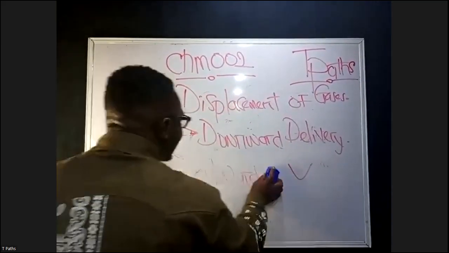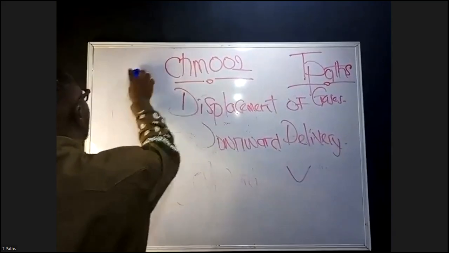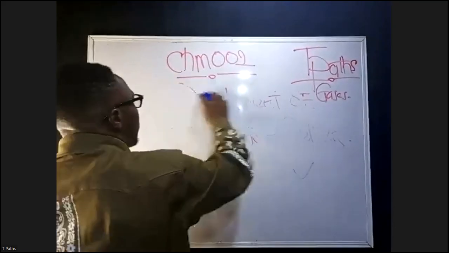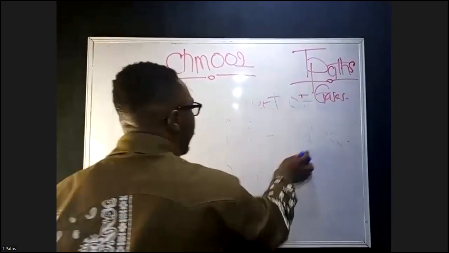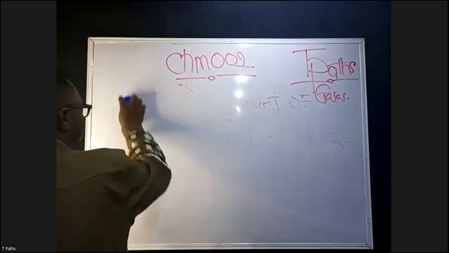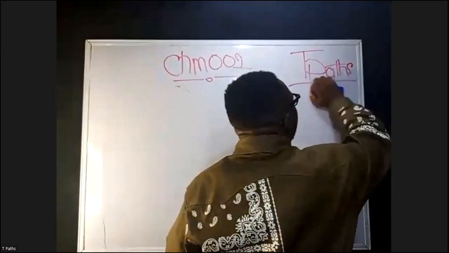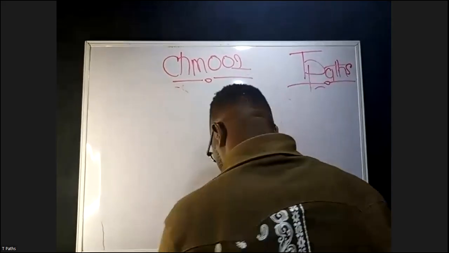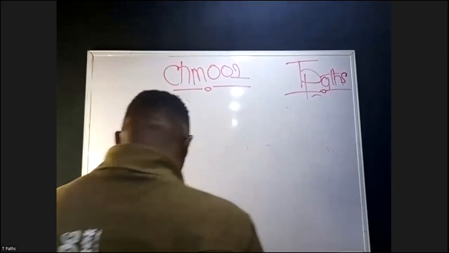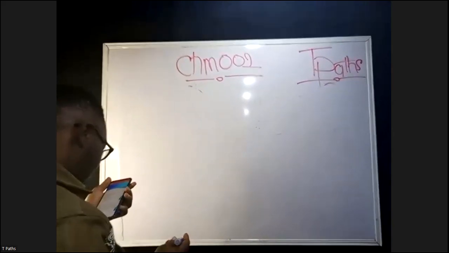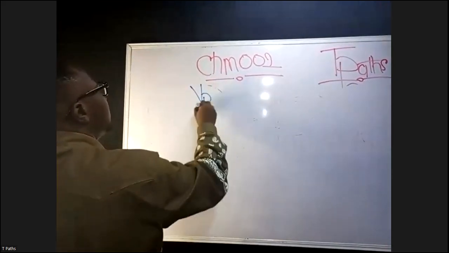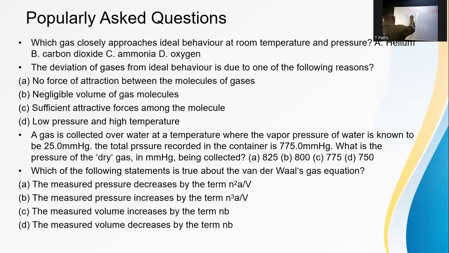Now, the question says a gas is collected over water at a temperature where the vapor pressure of water is known to be 25 millimeters of mercury.